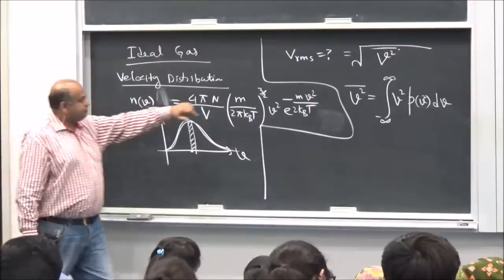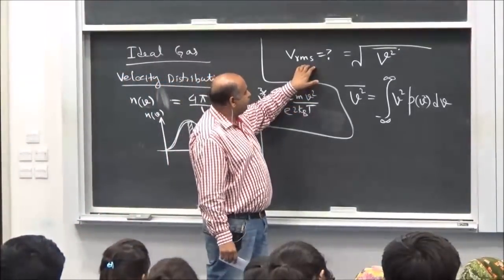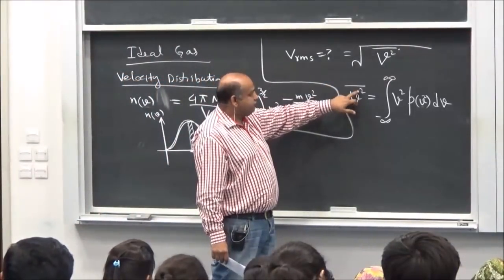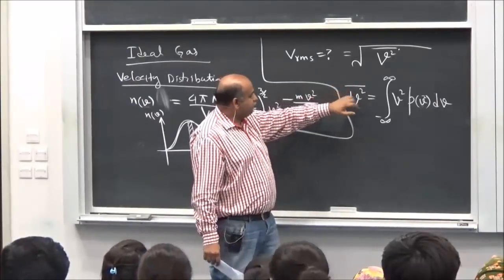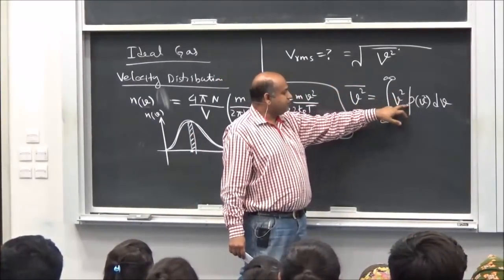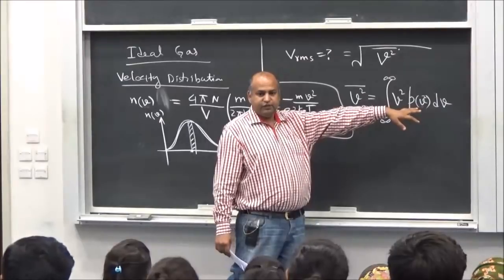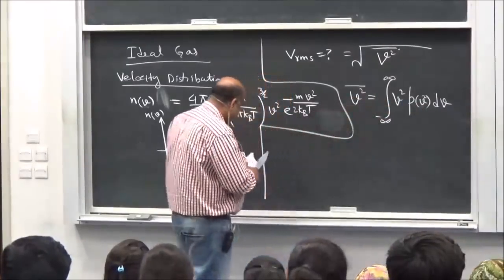To get the root mean square velocity, we need to find the average of v square, and to find the average of v square, we simply multiply v square with its probability and integrate over all velocities.